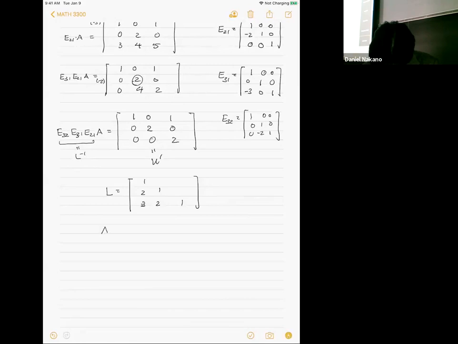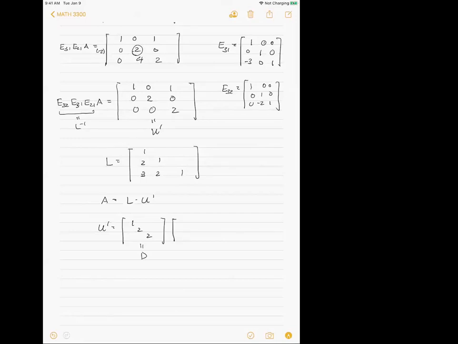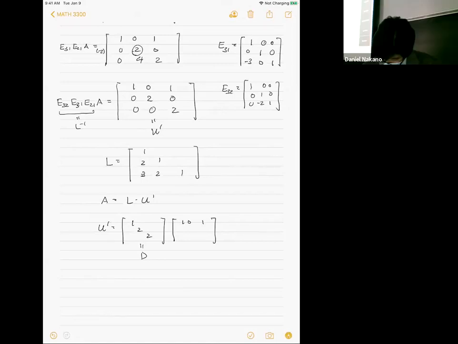So A here is going to be L times U prime. And now all we have to do is factor U prime. So what diagonal matrix do we take? 1, 2, 2. Okay, so that's my D. And then I just divide each row by the diagonal entries, right? 1, 0, 1, 0, 1, 0, and 0, 0, 1.